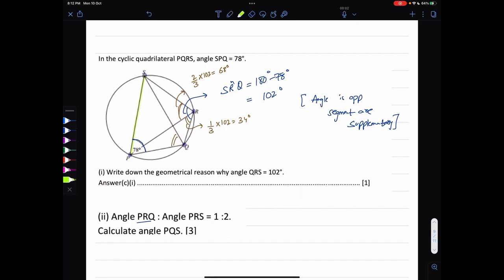If you take PS as your chord, then from this chord there are two angles being made on the circumference, and these are the angles in the same segment. So we want to find this angle, and its value is going to be equal to this angle, which turns out to be 68. So if this angle is 68, this angle is also going to be 68. Why? Because angles in the same segment are equal.